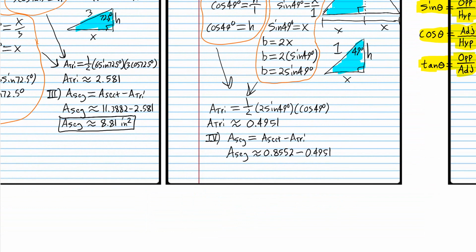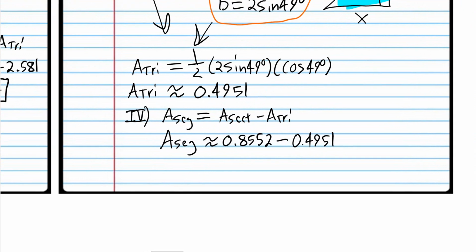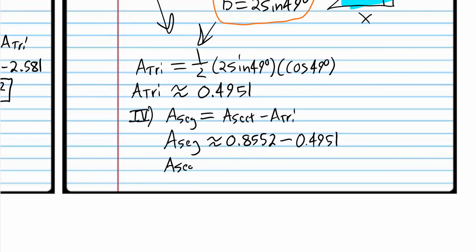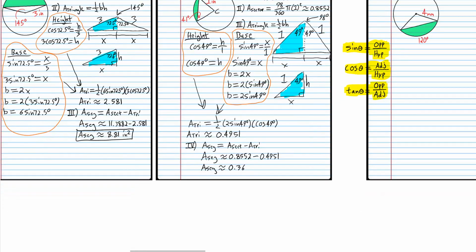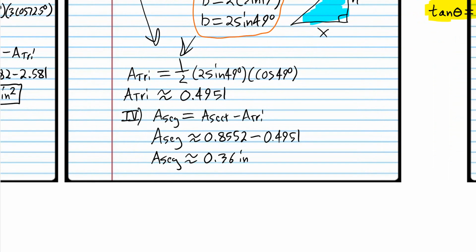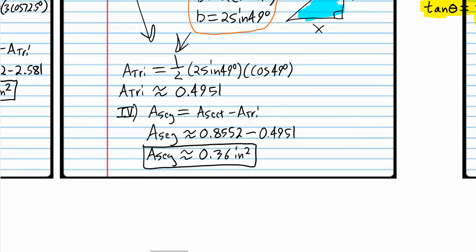You can leave that 0.4951 in your calculator and push minus 0.8552 equals, and that'll give you a negative number because we subtracted incorrectly, but you can just change it to a positive number and round off to the nearest hundredth, and we get 0.36. And what are the units? Units are inches, or square inches, excuse me.